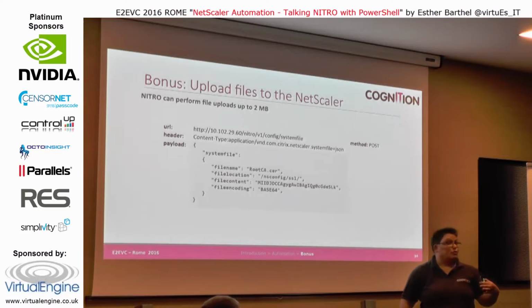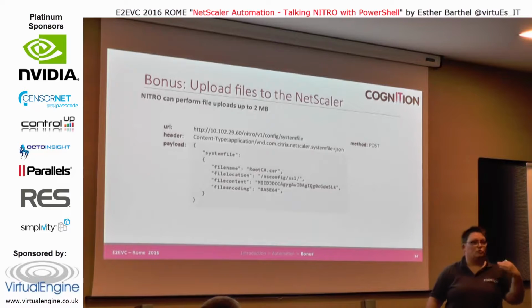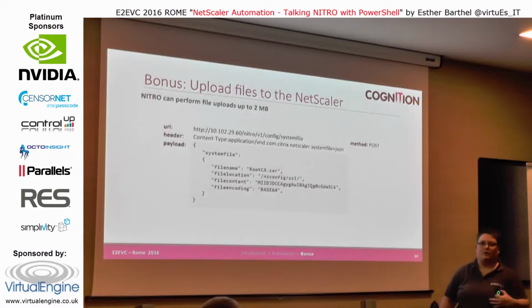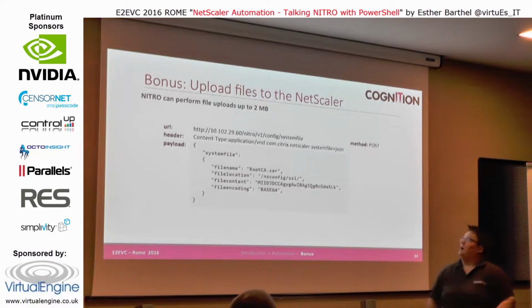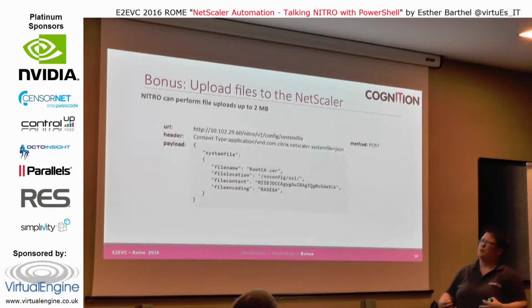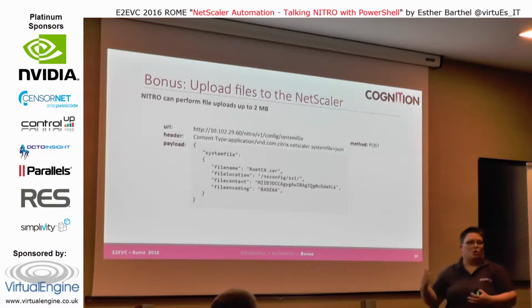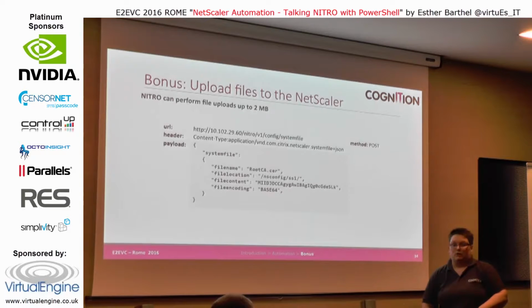I also showed you that to be able to do the SSL configuration, I needed to upload certificate files to the NetScaler. Luckily for me, as of NetScaler firmware 10.5 and up, there is a file function or command in NITRO to upload files to your NetScaler.